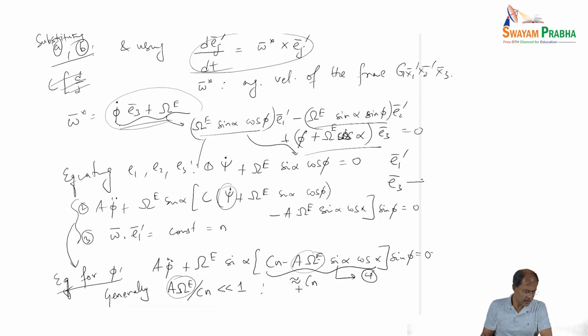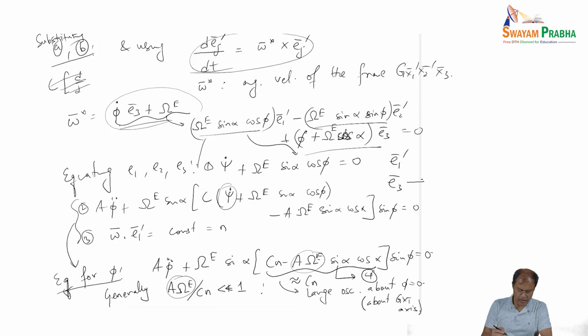We can conclude that equation 4 is the equation for large oscillation about phi equal to 0, or about the G x1 axis. If x1 points north, then the gyro undergoes periodic oscillations about the northerly direction. That is the conclusion of this statement.